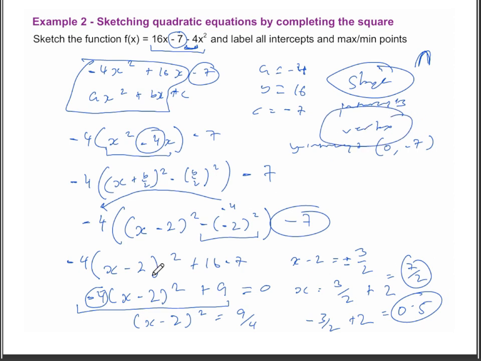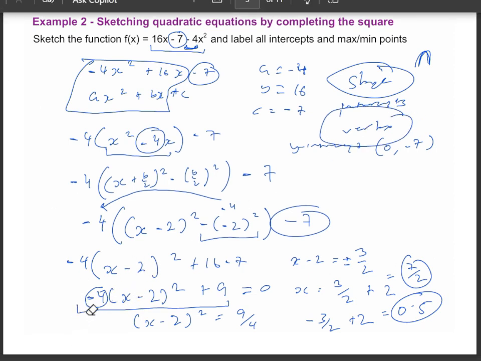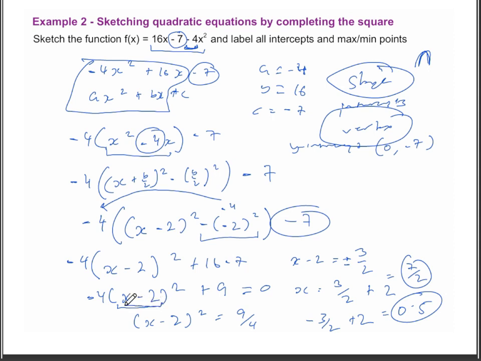Finally, your vertex. You can see it directly from the completed square format. If you make the stuff inside the bracket equal to 0, x minus 2 equals 0, that gives you x equals 2.